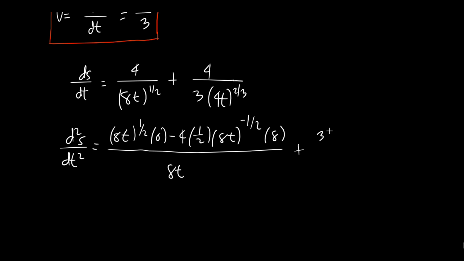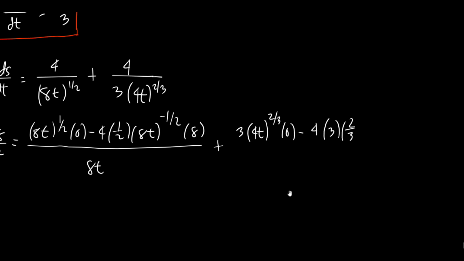just copy the denominator. The derivative of a constant is 0. Minus, so copy the constant. So the derivative is 3 times 2/3, so just copy the inside 40.